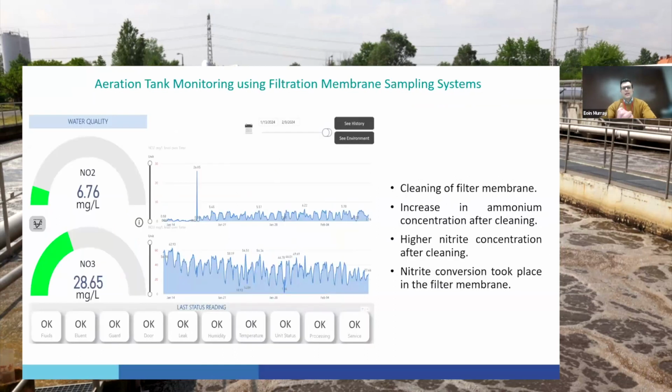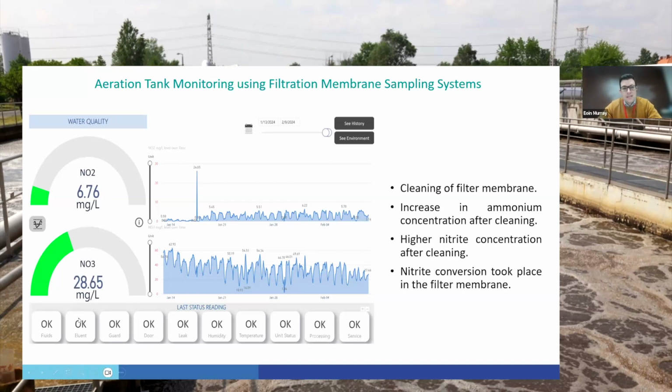And then this is an interesting one which was raised by a customer. Actually, a couple of customers have raised it, but in this particular example the analyzer was attached to a commercially available membrane-based filter system for continuous monitoring in an aeration tank.